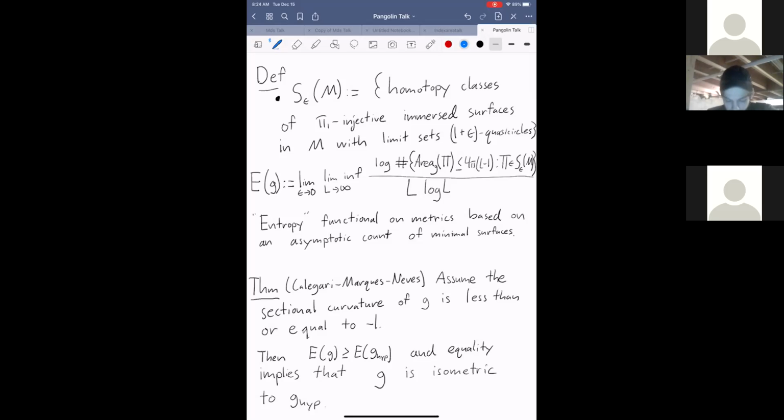The entropy functional is defined on metrics. It just takes some metric G on your manifold M, not necessarily the hyperbolic one, but just any metric.